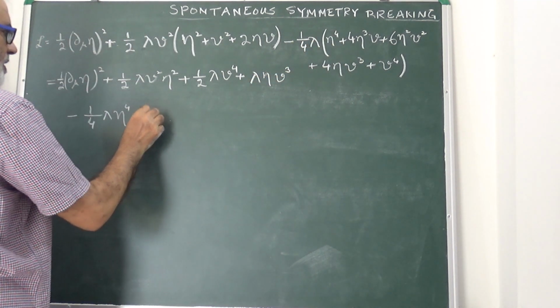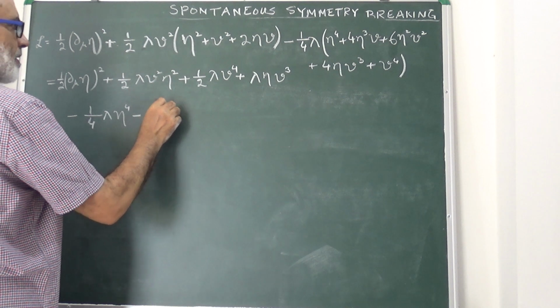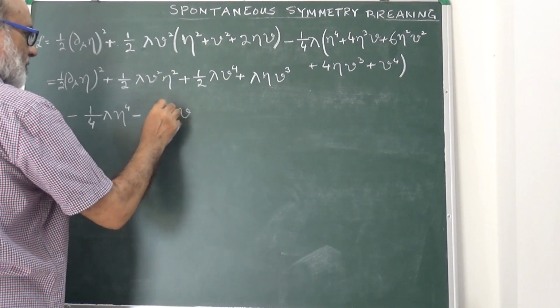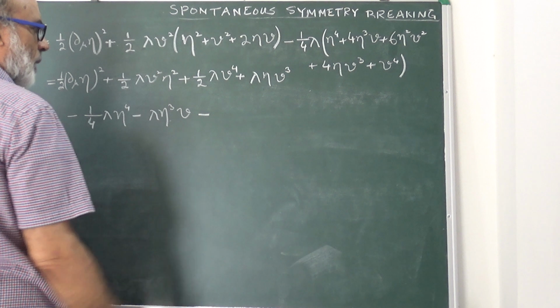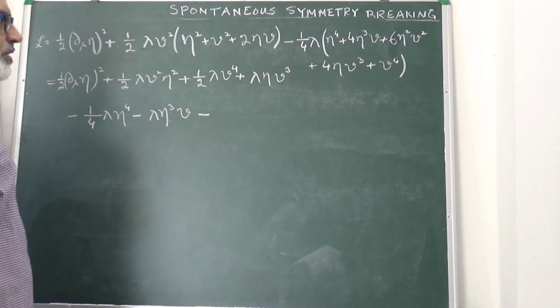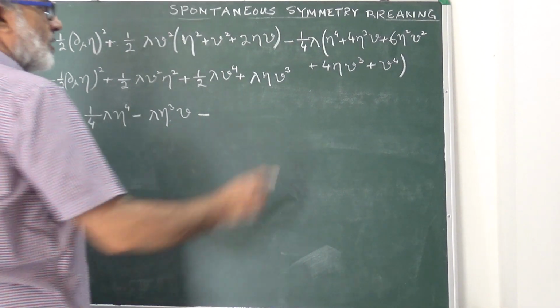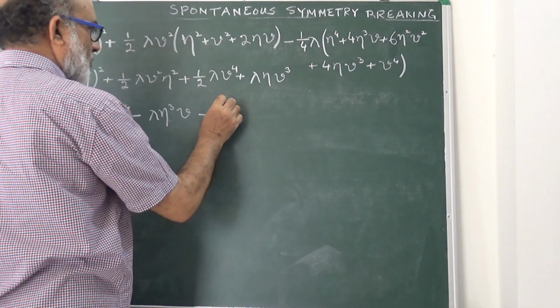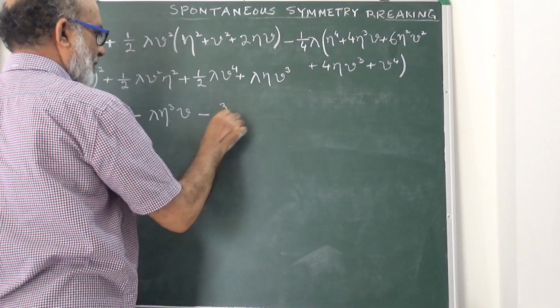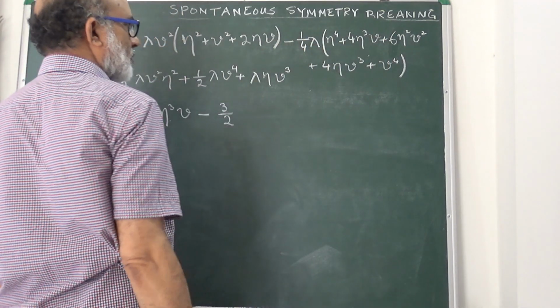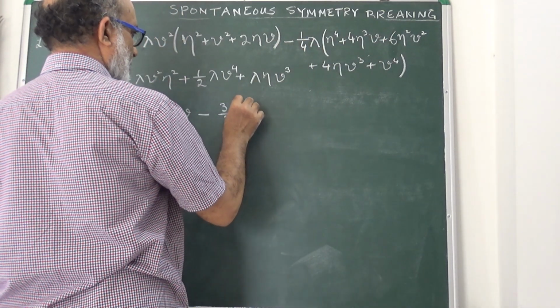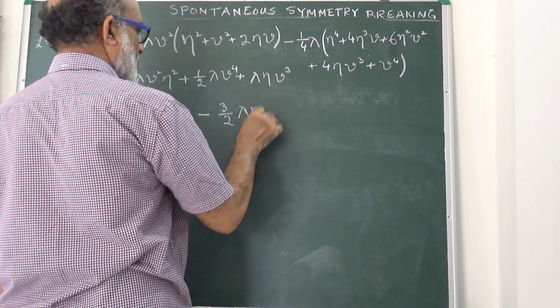We are left with lambda eta cube v minus lambda eta cube v. Okay. Now 6 by 4 means 3 by 2 lambda v square eta square.